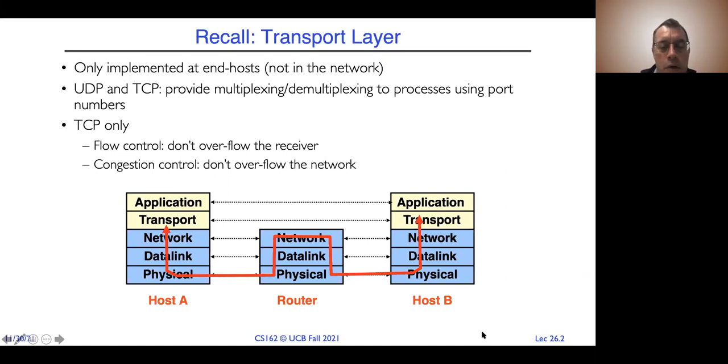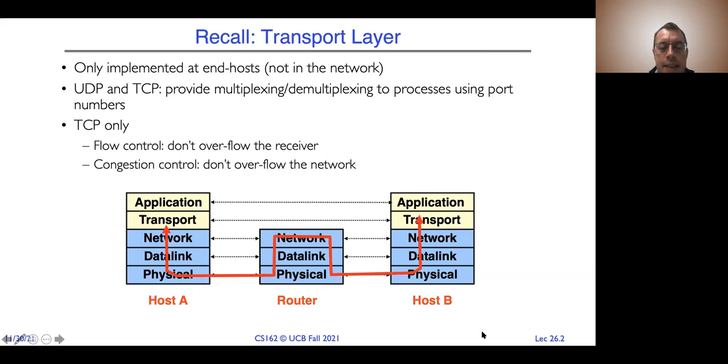And one of the key services that the transport layer is providing, if you remember, is multiplexing and demultiplexing connections on the same machines, between the processes on the same machines, right?